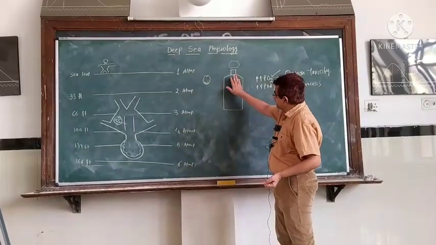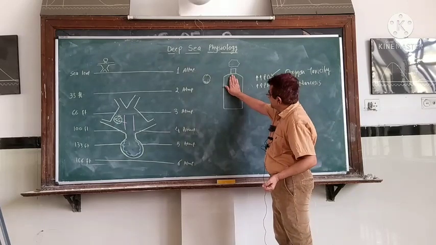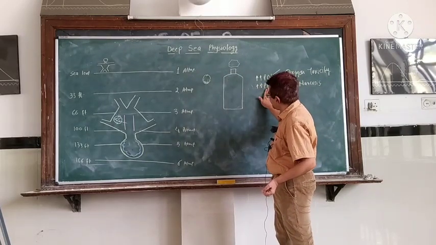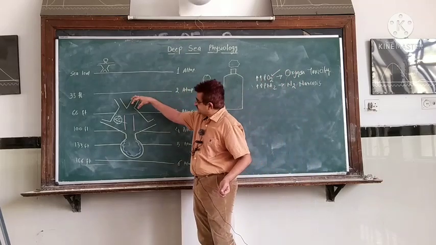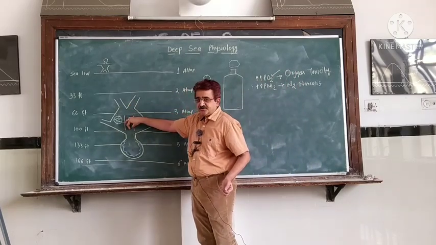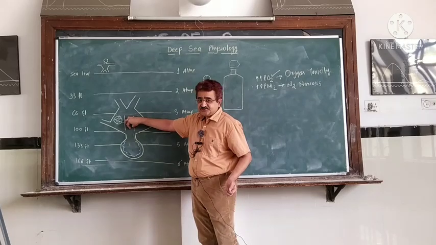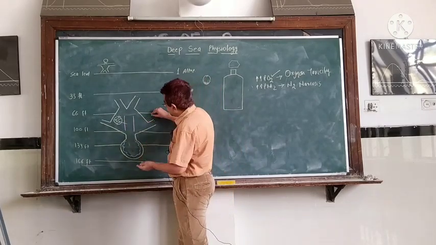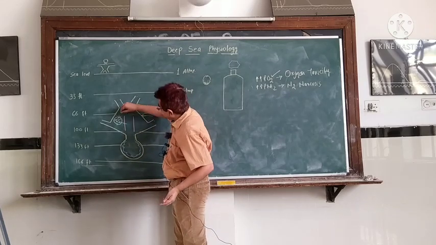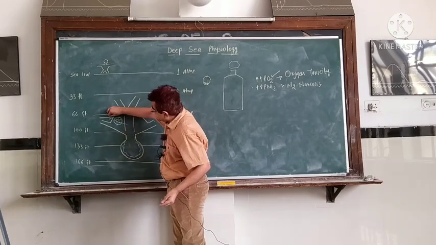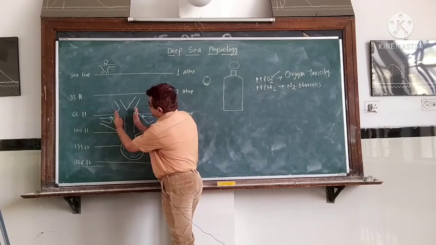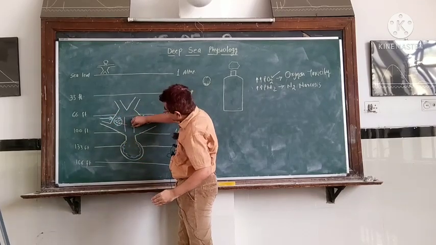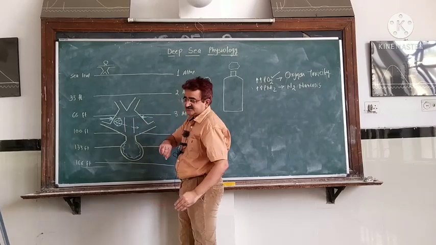Now, say the person is breathing the air which is having high partial pressure of nitrogen. More nitrogen enters into the body, more nitrogen enters into the blood. Now see what happens. Because of the pressure from the outside, the body is squeezed, and because of the squeezing, the nitrogen comes out of the blood vessel.